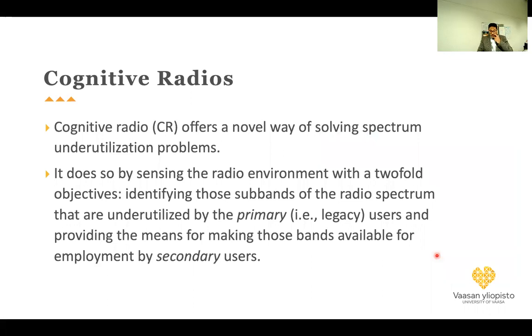So cognitive radio offers a novel way of solving the spectrum underutilization problem. But one very important condition is that we shouldn't cause any harmful interference to the primary user. The primary user is the user for whom the band is licensed.